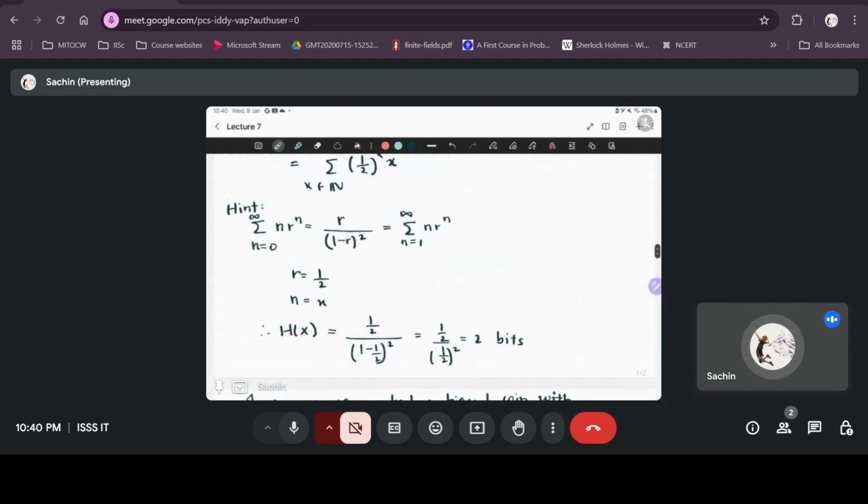Another formula that they've given: this is a geometric series. Summation r power n, n equal to 0 to infinity, is 1 over 1 minus r.